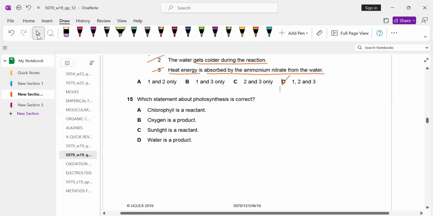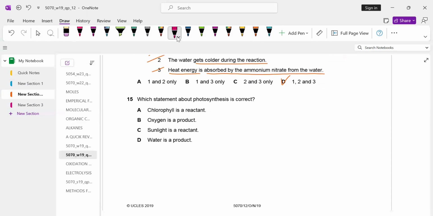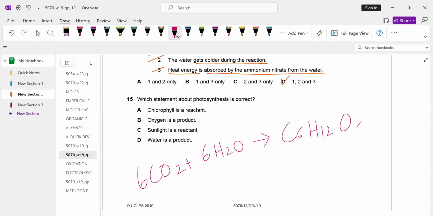Question 15. Which statement about photosynthesis is correct? Before reading the statements, you should know the equation of photosynthesis: 6CO2 plus 6H2O gives C6H12O6, which is glucose, plus 6 moles of oxygen.